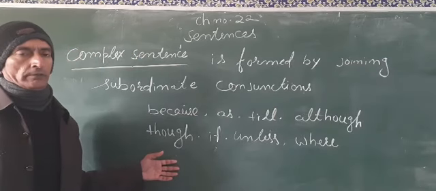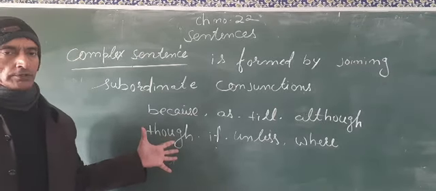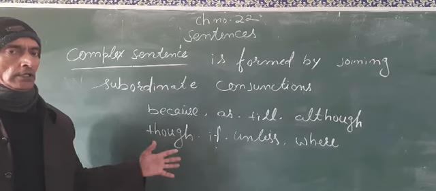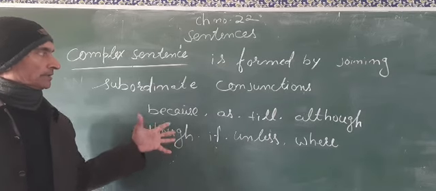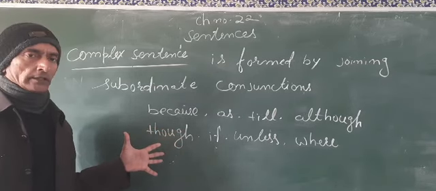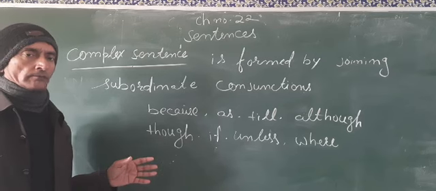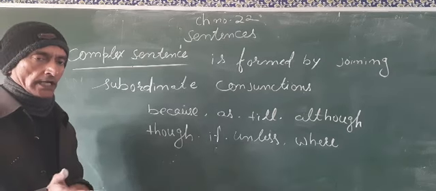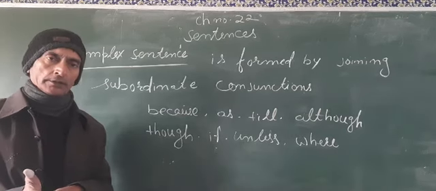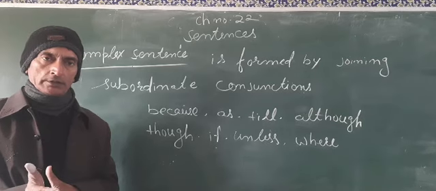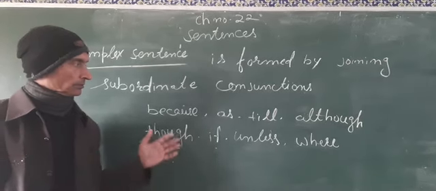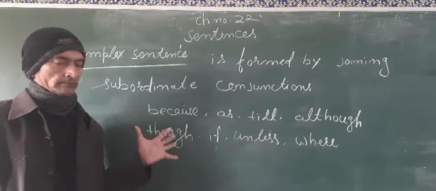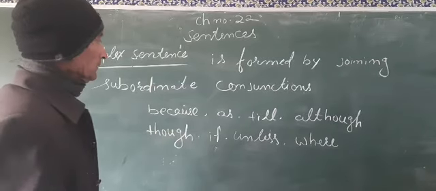So whenever you see these conjunctions used in a sentence, you can easily identify the subordinate conjunction. Actually, a subordinate conjunction shows reason, time, place, condition. So through this we can identify. Let me tell you one more thing.